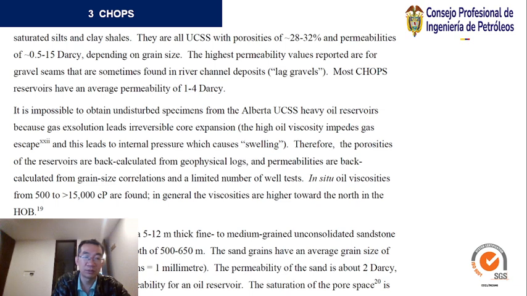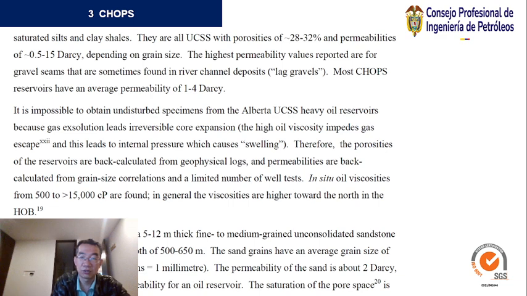A typical CHOPS stratum is a 5 to 12 meters thick fine to medium-grained unconsolidated sandstone, at a depth of 500 to 650 meters. The sand grains have an average grain size of 80 to 150 microns. The permeability of the sand is about 2 darcies, which is a relatively high permeability for an oil reservoir.